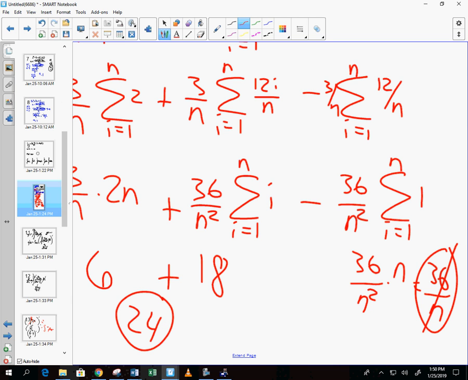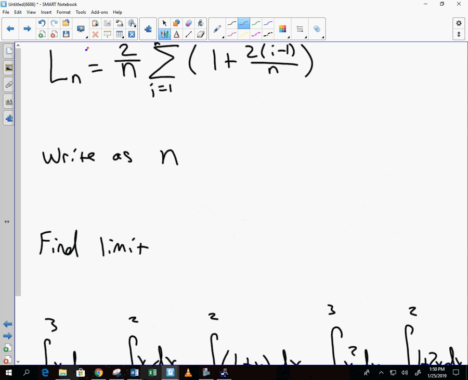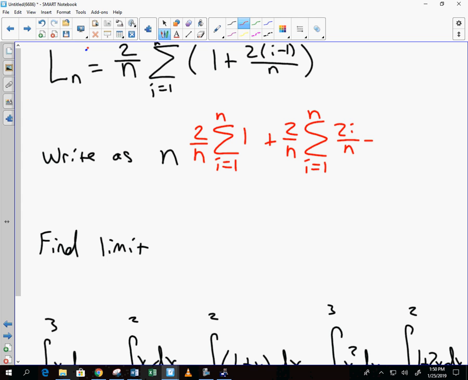Let's go to the actual problem that you guys were working on and do that piece. You guys have written it as n. You did 2 over n times the sum from I equals 1 to n of 1 plus 2 over n times the sum from I equals 1 to n of, and I think you wrote it like this, Jake, 2I over n minus a sum from 2 over n, sum from I equals 1 to n of 2 over n.